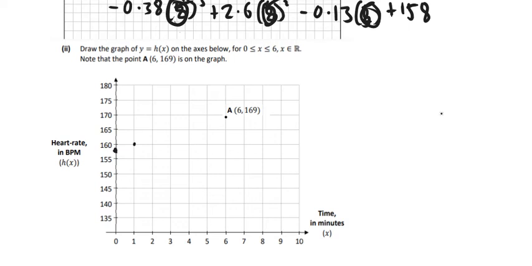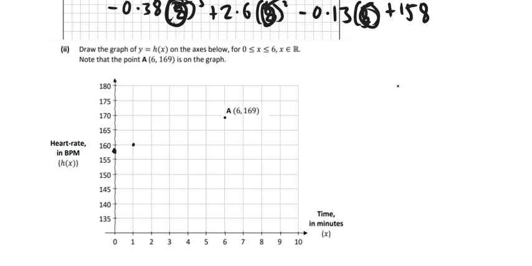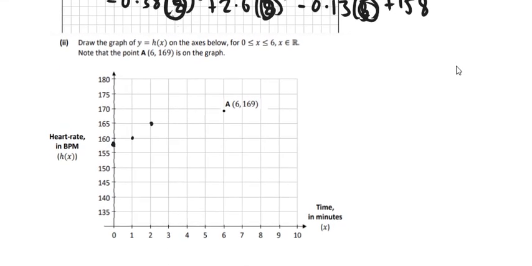And then 2, 165. Go across the 2 up to 165, so it's going up gradually here. And 3, 171 is already given for you, would be about there. Maybe a little high actually.